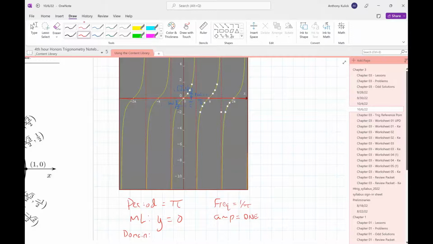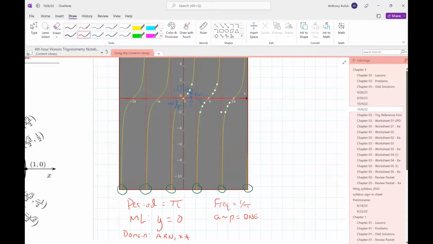Here's how we're going to write that. We're going to say all real numbers except for, and then where are these asymptotes occurring? They're at every odd multiple. So this one here was at pi over 2, 3 pi over 2, 5 pi over 2, negative pi over 2, negative 3 pi over 2, negative 5 pi over 2.